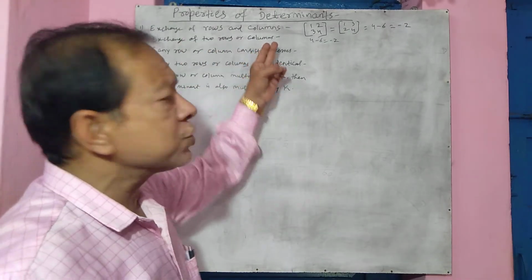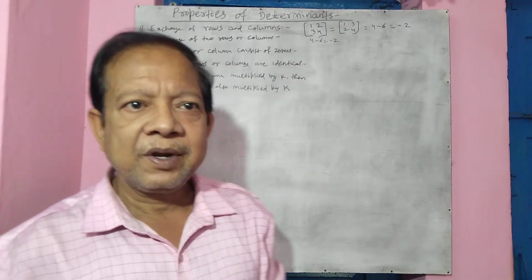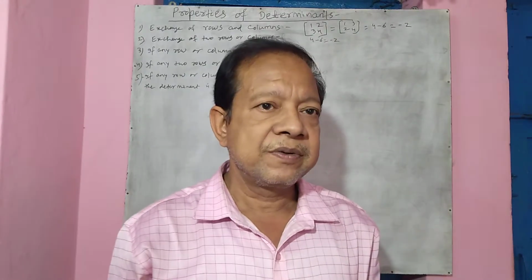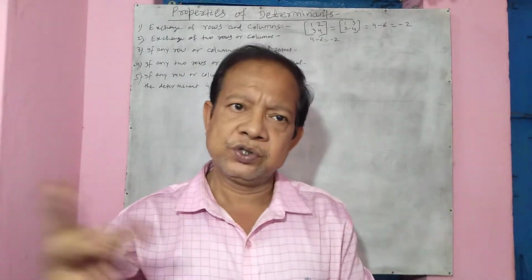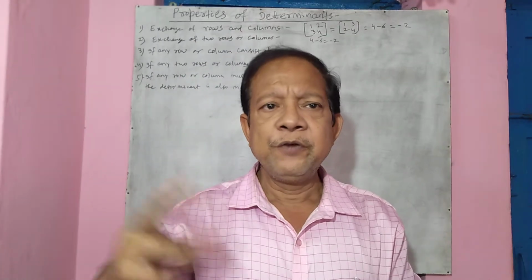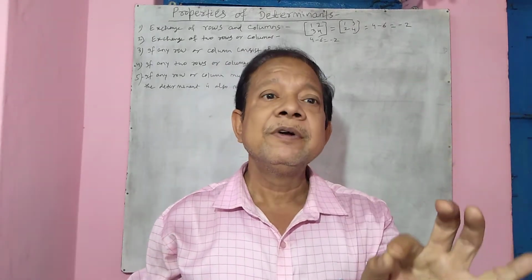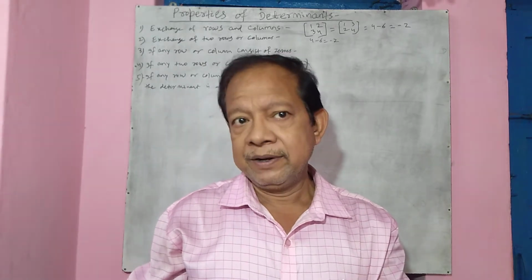Exchange of 2 rows or columns. If we exchange any 2 rows or any 2 columns of a matrix, then the determinant value will remain same, but you will have the opposite sign.